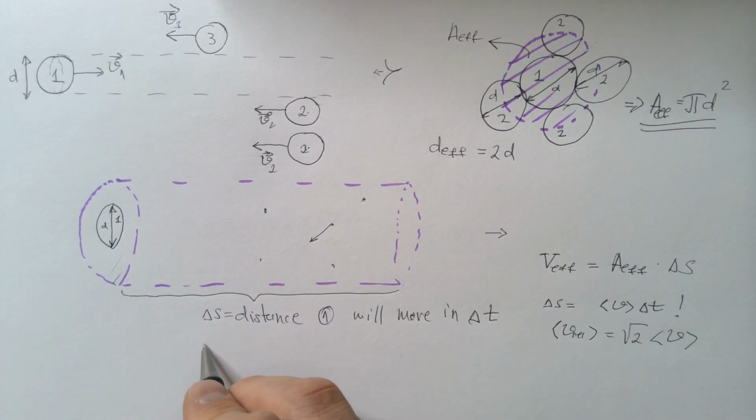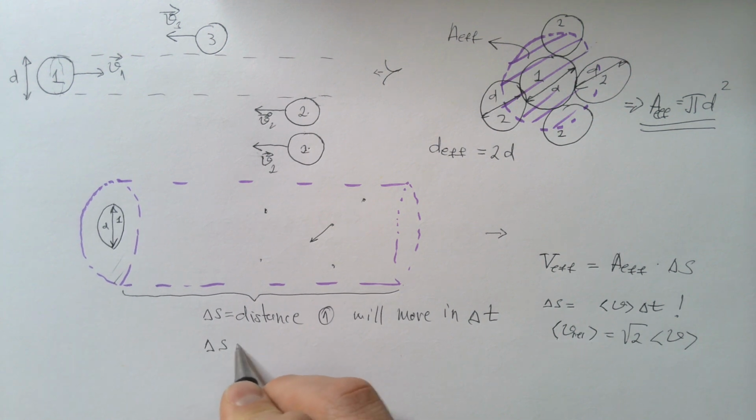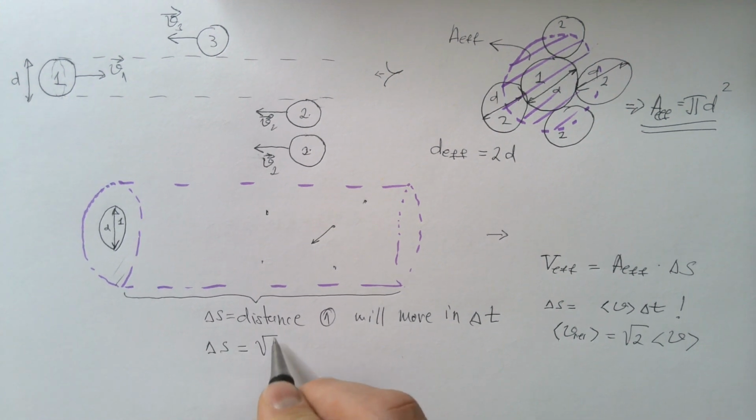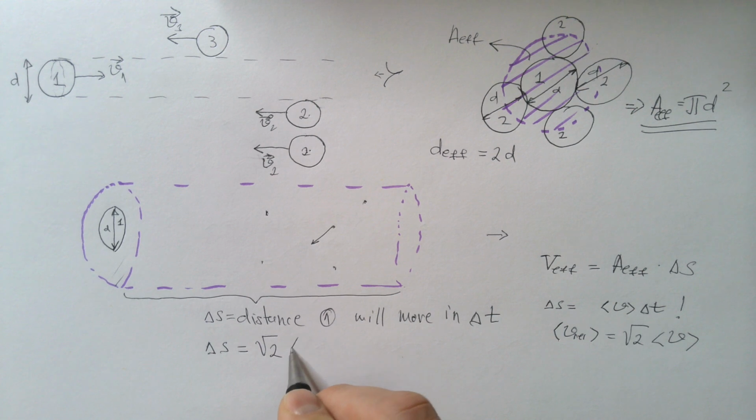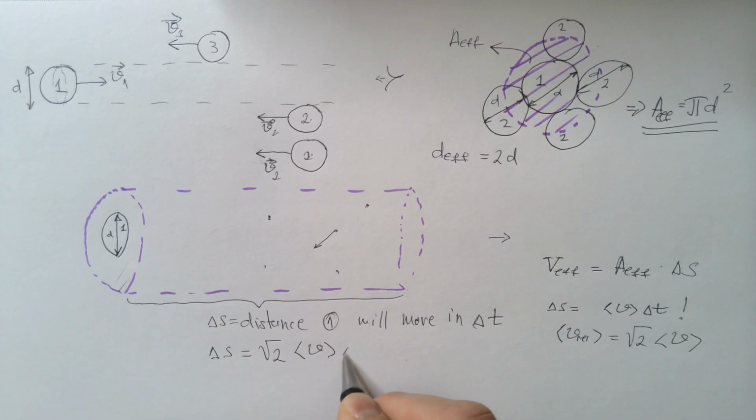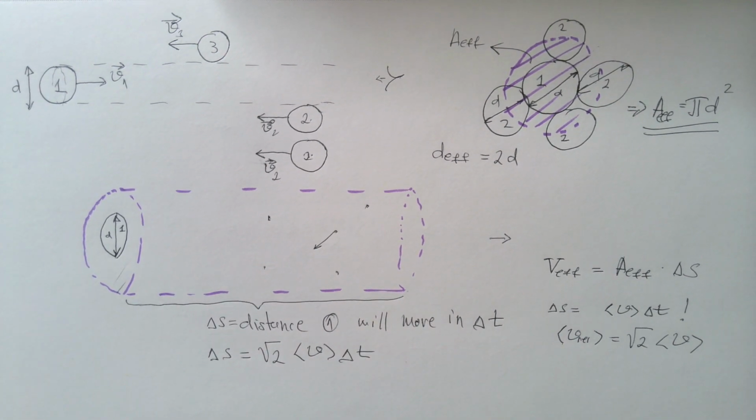So that means that this distance is really square root of 2 times mean speed times time delta t. In many videos, they tell you that in principle distance is this, but if you carry out more subtle analysis, you'll get a factor square root of 2. Now you understand how you get this factor.